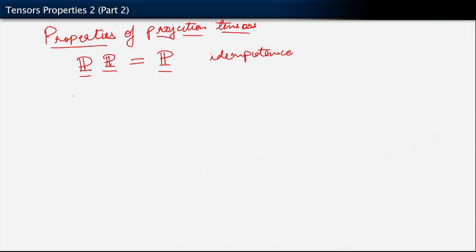So this implies then that P sub T acting on P sub T gives you back P sub T. What this means is that if we now multiply this on the right by U, that's what we get.